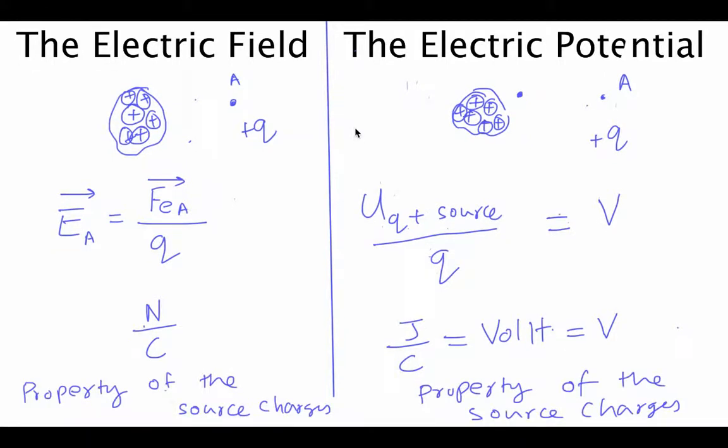There is a very important thing to note here at the end: both the electric field and the electric potential are properties of source charges. For a given point in space, we can define both the electric field and the electric potential. Once we know the electric field, we can immediately find the electric force on a charge at that point.